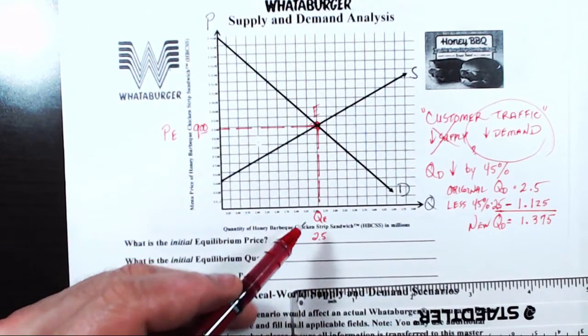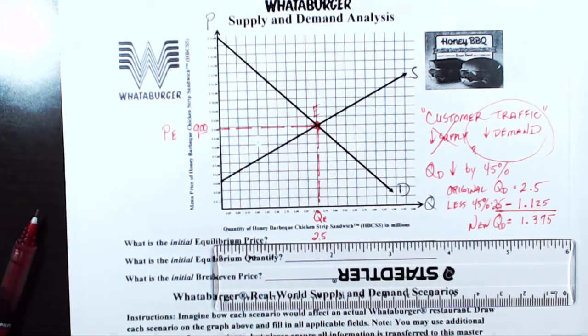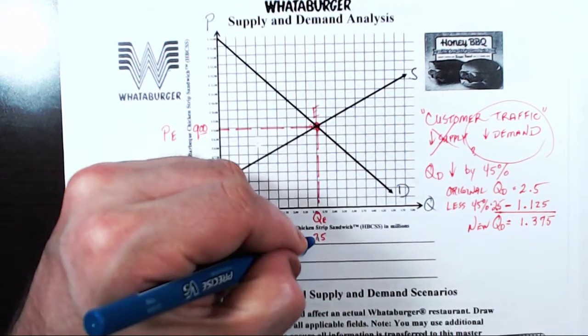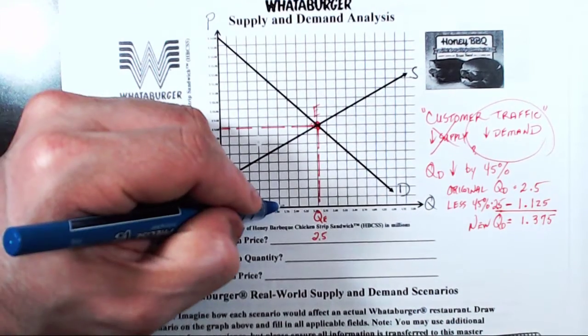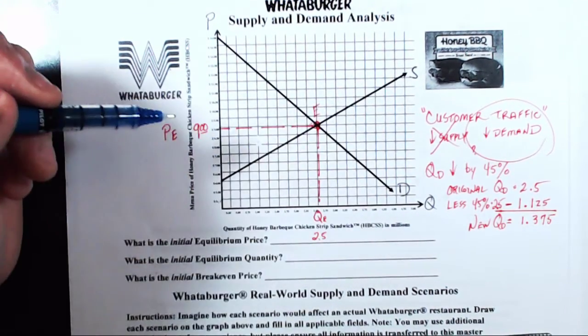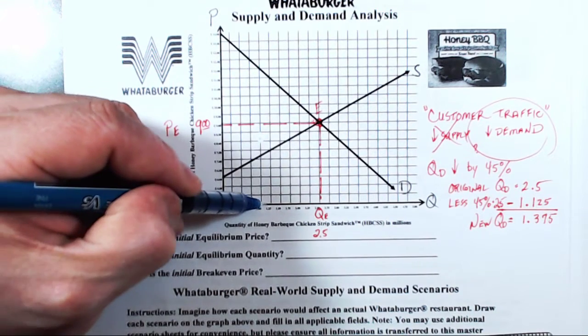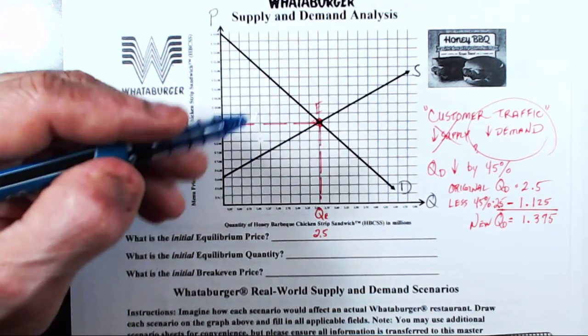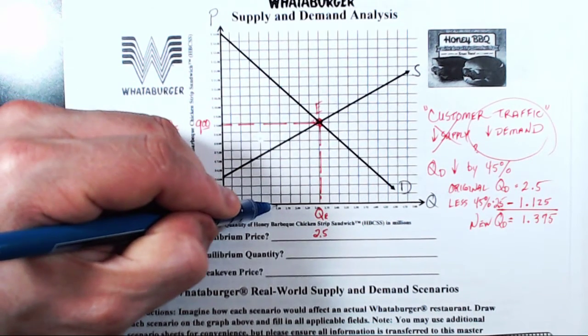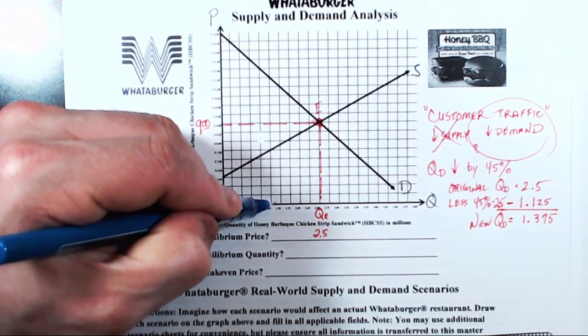Let's model it. Okay, I think you should be getting the hang of it at this point. We start with 2.5 million, and our new quantity demanded is 1.375 million. Well, I've only got this thing set up to increment by 0.25 million for each point, so we'll find a point between 1.25 and 1.5.